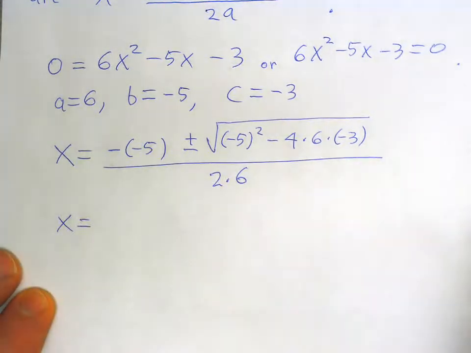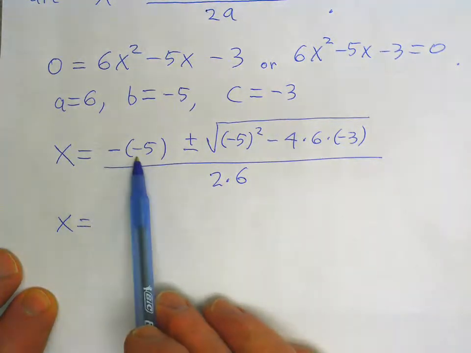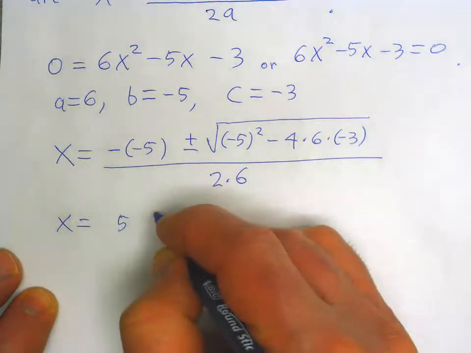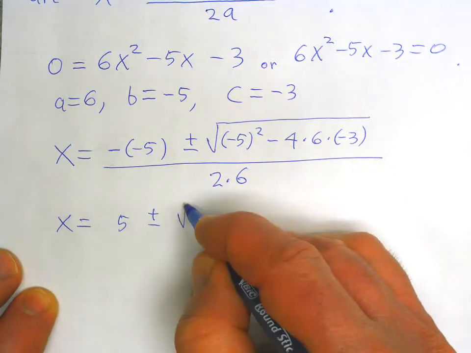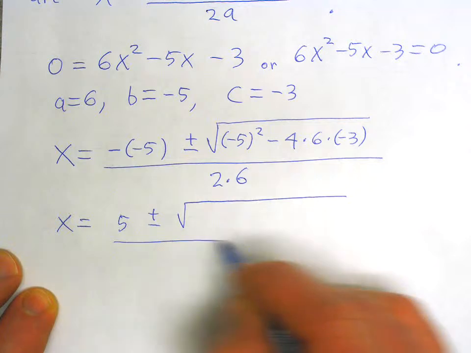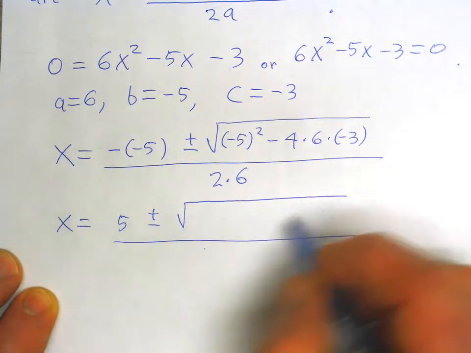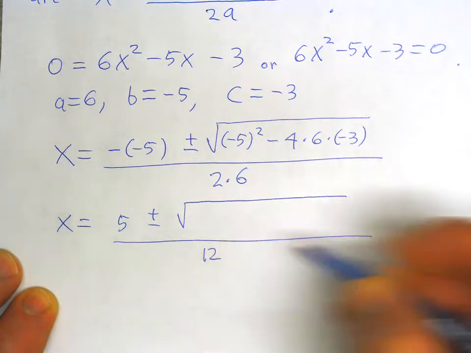Okay, so arithmetic: the negative of negative 5 is 5, plus and minus the square root of some number, all divided by 2 times 6, or 12.